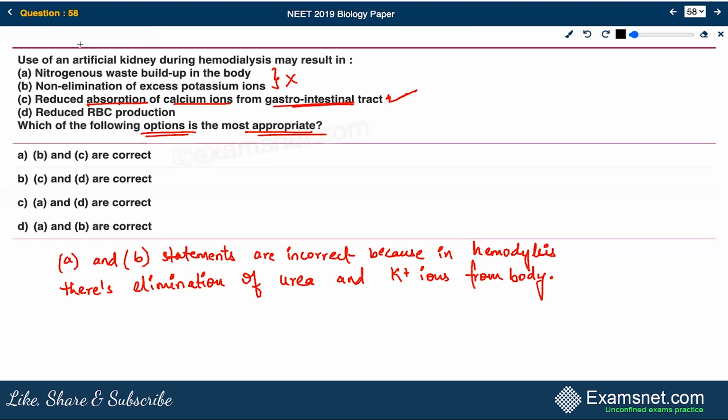So option C and D are considered to be the correct answers. So C and D are correct.